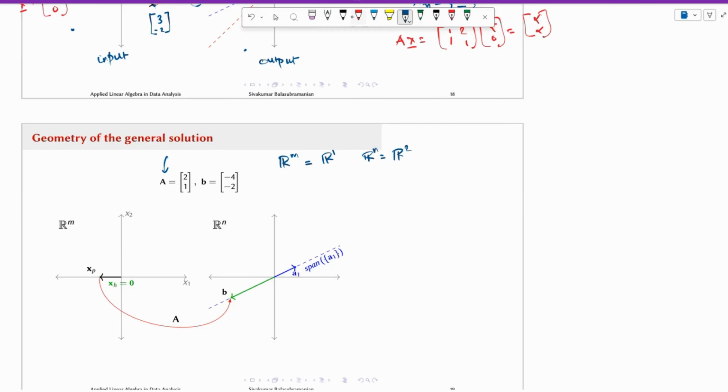I should not have drawn this. There is no x2 axis. Ignore that. It's only the real line. So this particular matrix, a tall 2 cross 1 matrix, takes elements from the real line and maps it to a two-dimensional space. Maps it to R2.